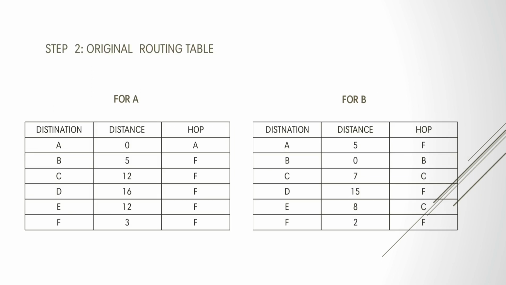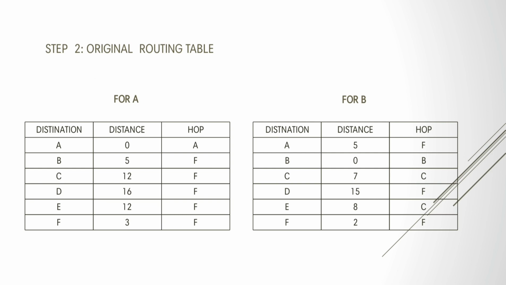So the minimum distance covered for C is 12 through F. Next for D, the minimum distance covered is 6 through F from A to D. Then from A to E, the minimum distance is 12, which passes through F. Then for F, the minimum distance from A is 3 to F.